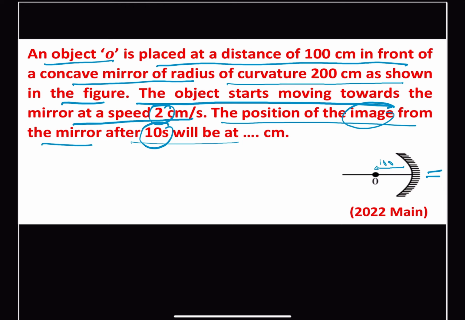So here we can just find out the distance traveled by the object by using the formula S is equal to ut, or D is equal to ut.